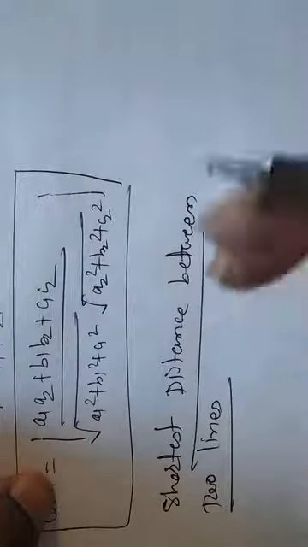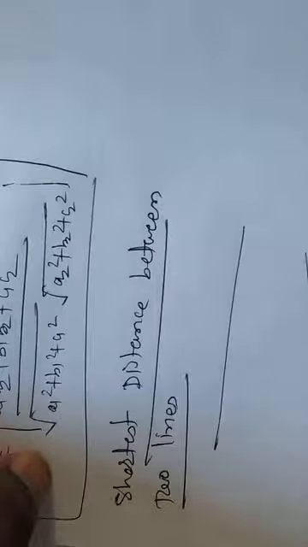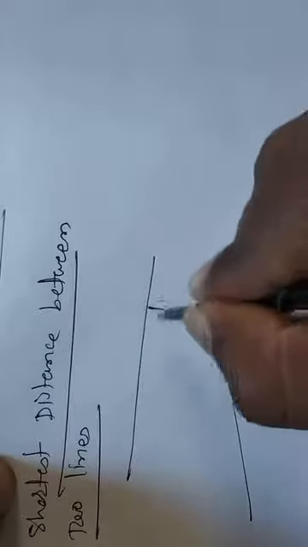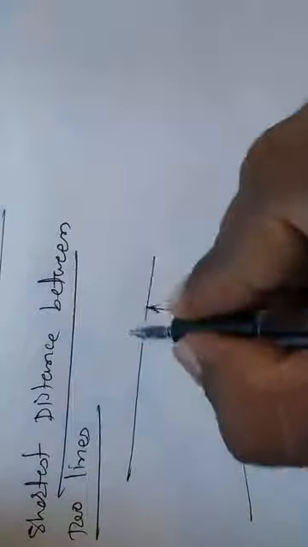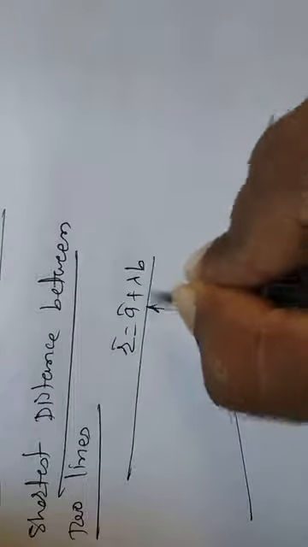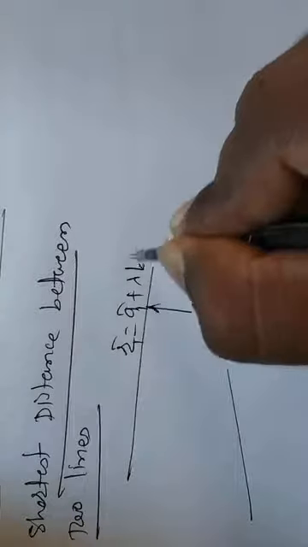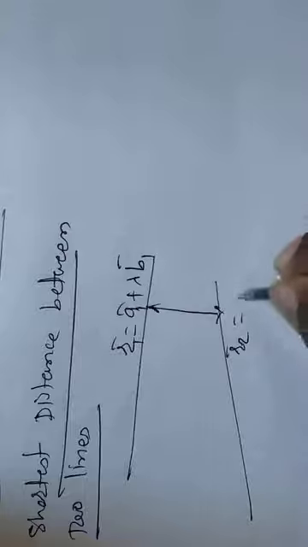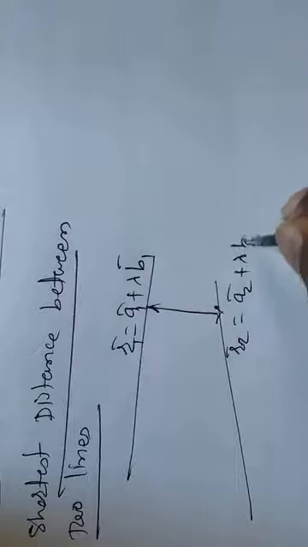Suppose this line is passing and this is a second line. The shortest distance: suppose the line vector r1 bar equals a1 bar plus lambda b1 bar, and the other is r2 bar equals a2 bar plus lambda b2 bar.